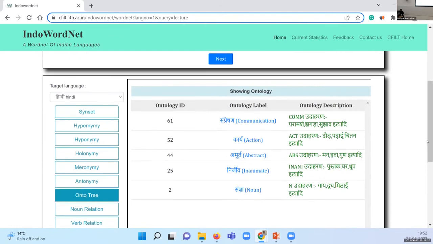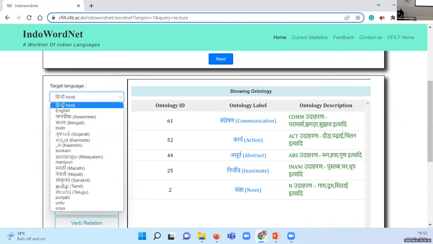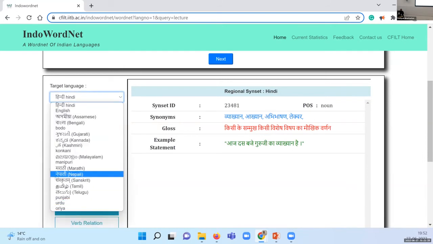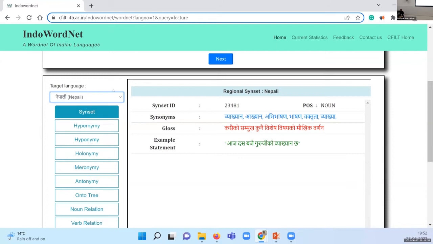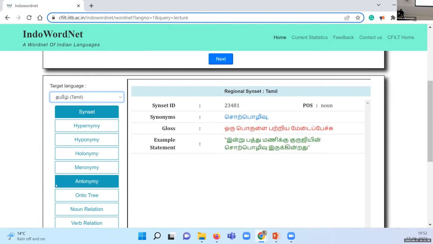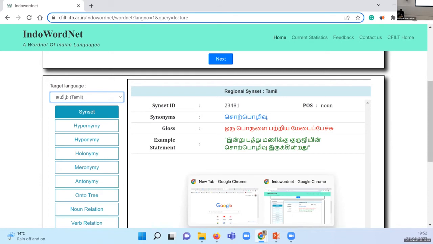So a lecture in Hindi: व्याख्यान, आख्यान, अभिभाषण, lecture, and so on. I can see it in Nepali. I can see it in Tamil, which is a language from southern India, and so on. So this is a very useful resource for multilingual computation, which is created completely by us, for 18 languages of the country. This was a lot of work.